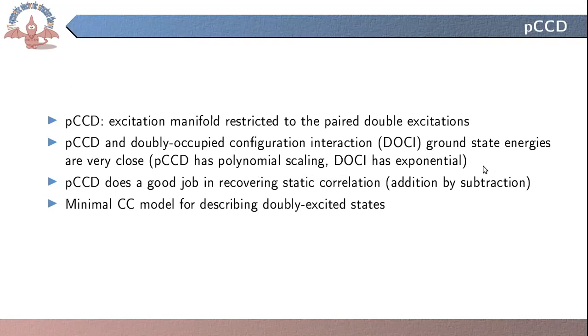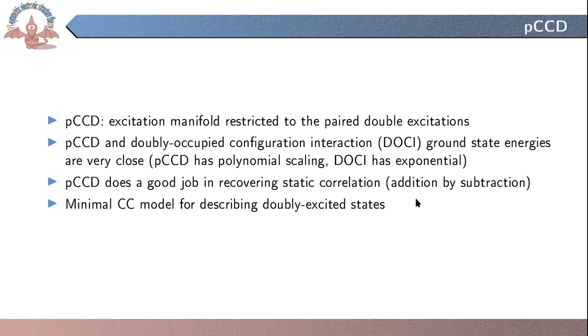So there might be some cancellation of errors by restricting to paired double excitations in PCCD, such that you describe static correlation well compared with full CCD. And also it is a minimal coupled cluster based method for describing double excited states.